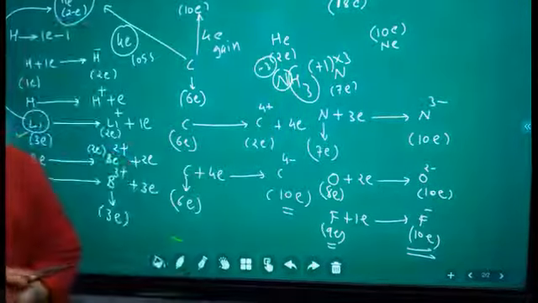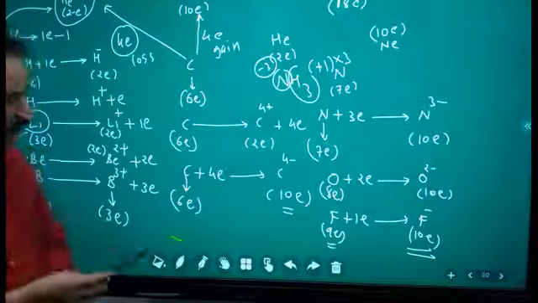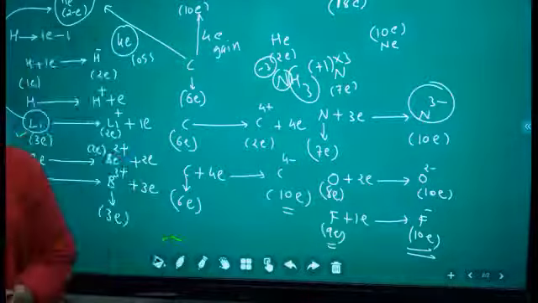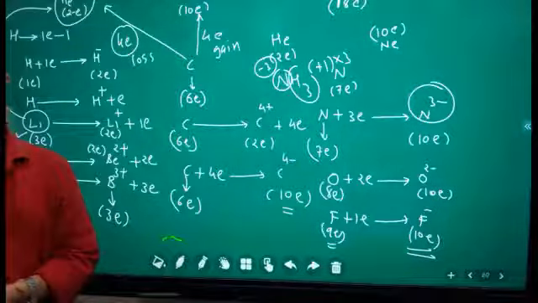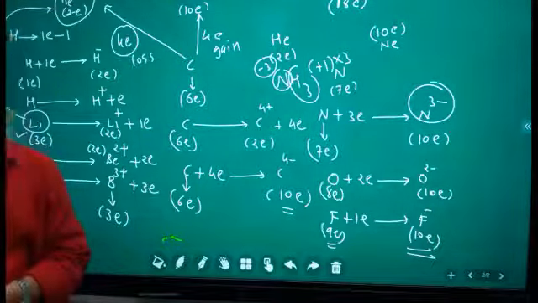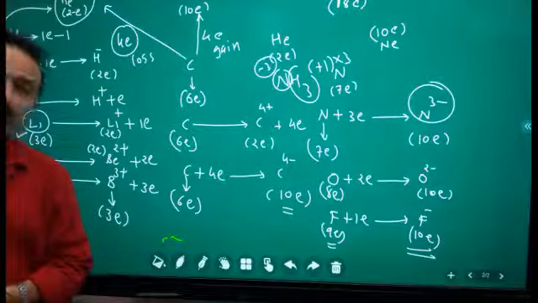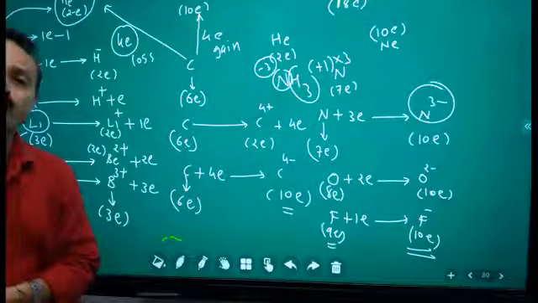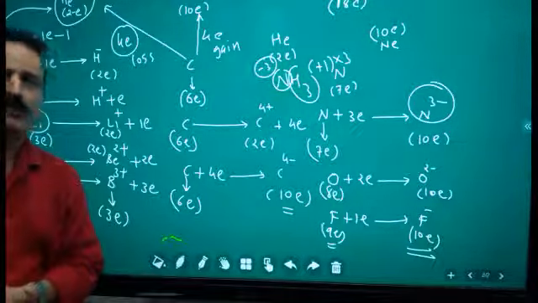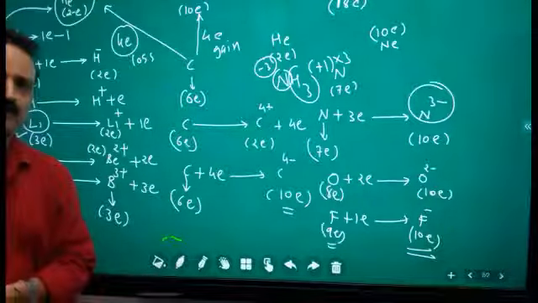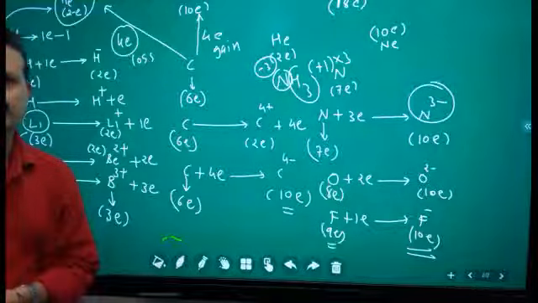So NH3 is neutral because nitrogen converts into 3 minus. So nitrogen always has 3 minus. Hydrogen is plus 1. Hydrogen can become a positive ion and hydrogen can become a negative ion. So the place of hydrogen is not fixed in the periodic table. Chapter number 3 is the periodic table. That is a very important chapter.